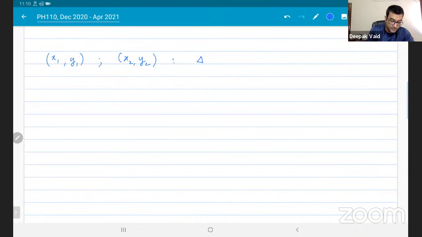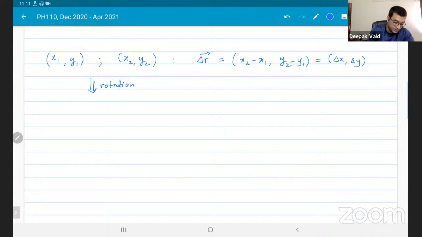Let me define the displacement, the vector displacement, delta r, which is x2 minus x1, y2 minus y1. I can write that as delta x comma delta y. Now I perform this rotation of my coordinates. When I perform the rotation, what happens? The coordinates of my 2 points change, right?